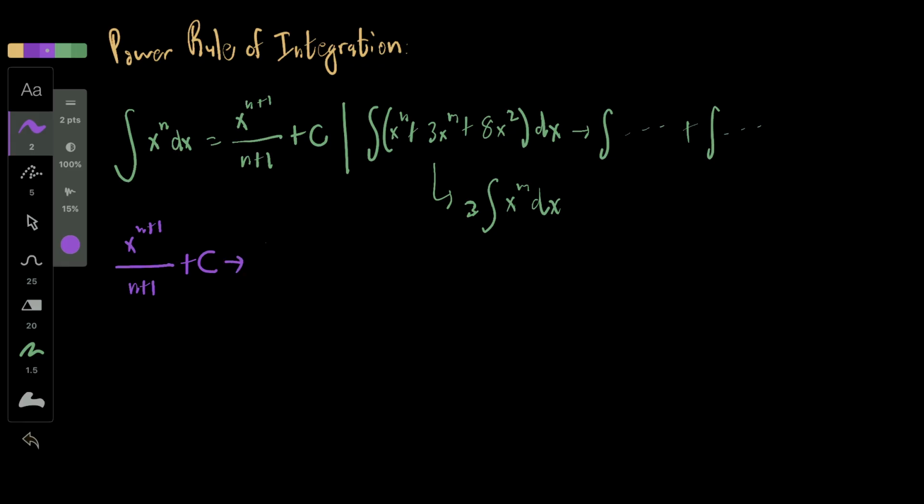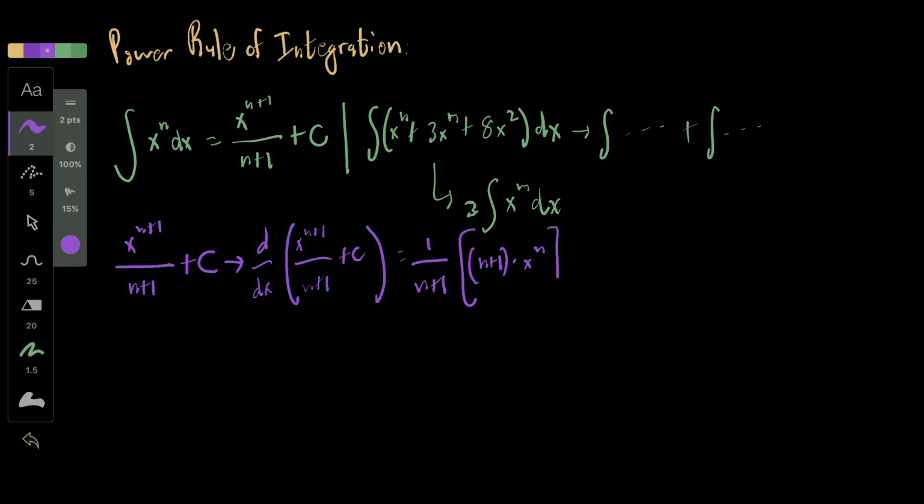So if we do d by dx of x to the n plus 1 over n plus 1 plus c, we get the derivative of c is 0, so we get 1 over n plus 1 times the derivative of x to the n plus 1, which is n plus 1 multiplied by x to the n, and n plus 1 cancels out, so we have x to the n, and since differentiation and integration are opposites, this all checks out.